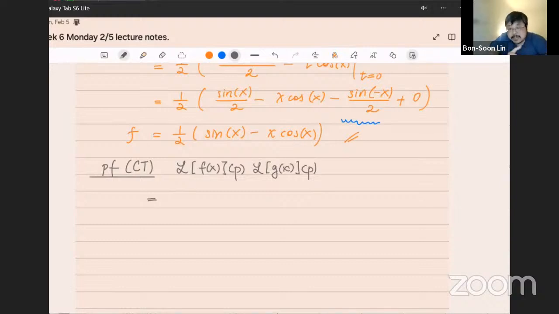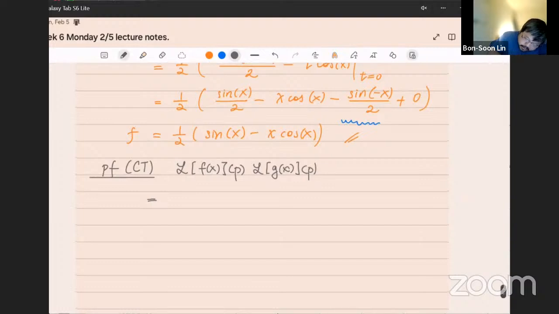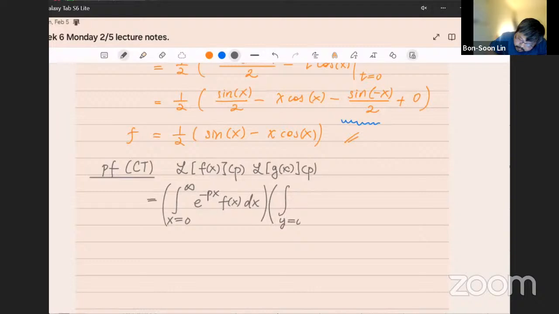So the transform of f times the transform of g, at p. By the definition, the first transform I can write as the integral for x going from 0 to infinity of e to the minus px, f of x dx. Now we're going to use a trick here. Instead of using x for the second one, I'm going to use a new dummy variable, say y. Kind of familiar. And this I write g of y dy.